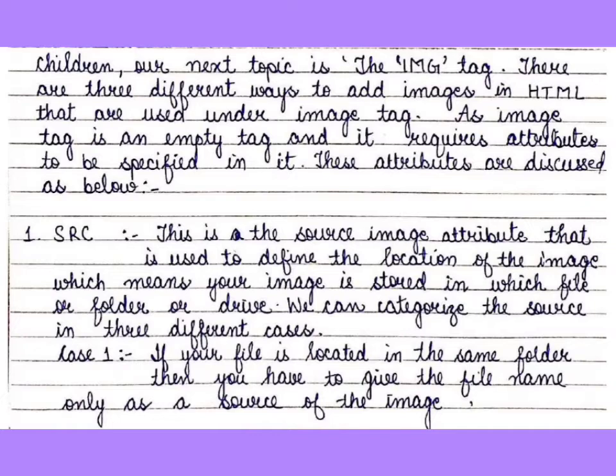These attributes are discussed as below. Number 1, src. This is the source image attribute that is used to define the location of the image, which means in which file or folder or drive your image is stored.